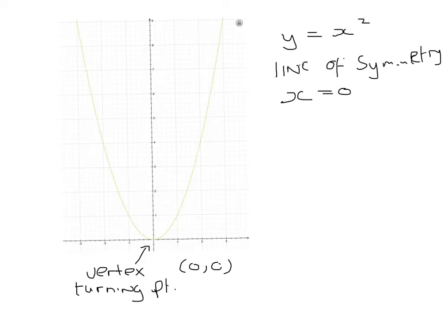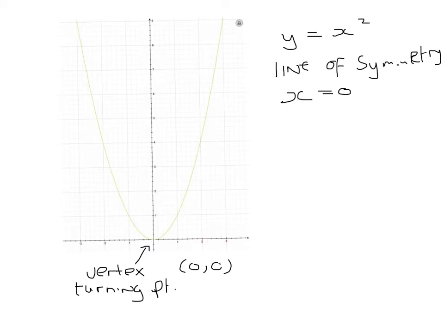Now plotting a graph, I know we can do it from the table, but another thing we can do is from the vertex, if you go out 1, you go up 1, because 1 squared is 1, and similarly on the other side, out 1, up 1. Then we can go out 2, and 2 squared is 4, so we're going to go up 4. Same on the other side, out 2, because minus 2 squared is 4, we go up 4.